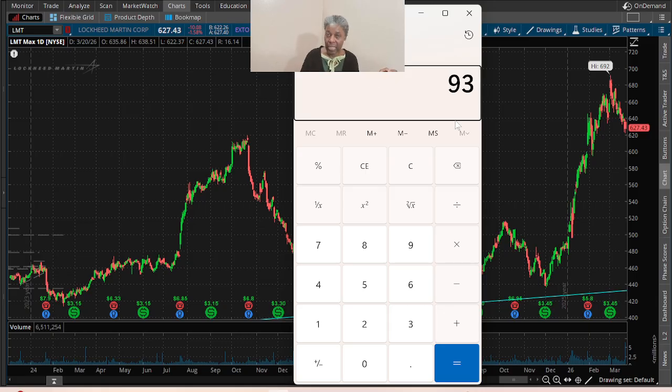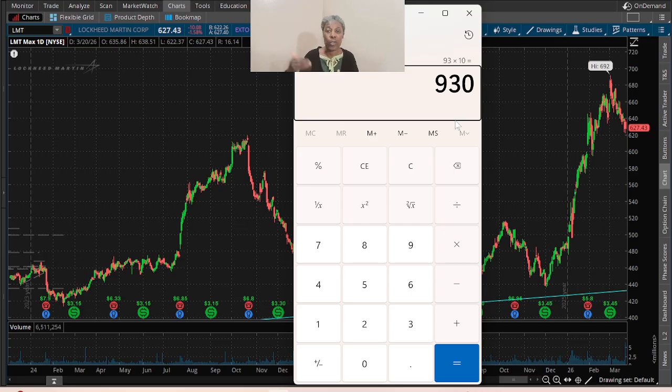So if we take that $93, for instance, and say you purchase 10 shares at 416, you spend about $4,000 to buy 10 shares, then that return becomes $930.